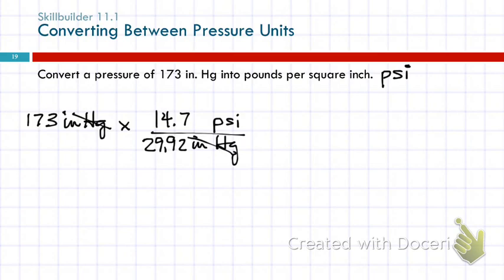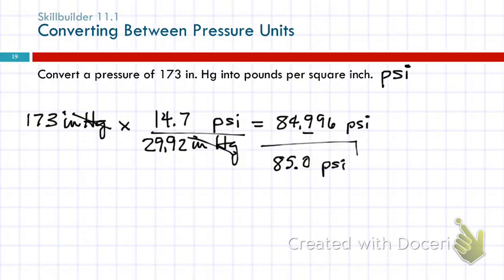So 3 is the smallest, so I have to round this to 3 sig figs. So I'm going to write down the first 3 digits. Those are my sig figs I'm going to keep, and then I'm going to write down 2 more, and then this is PSI, and then I'm going to round. And when I look at this, the next digit is 9, so I round this 9 up to a 10. So this becomes 0 and this becomes 5, but I still need to keep that decimal place. So this is 85.0 PSI. Any questions?